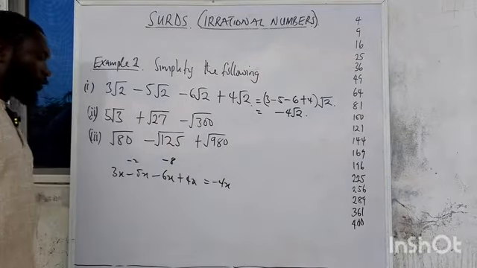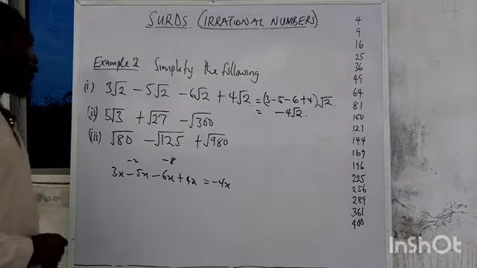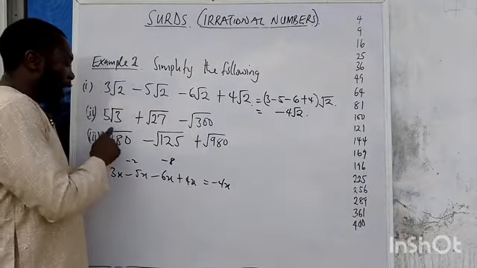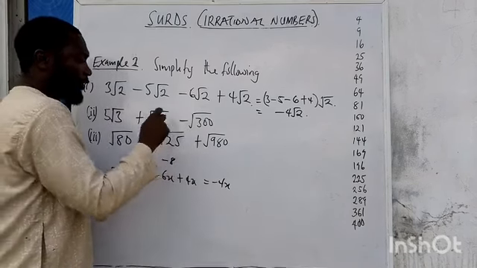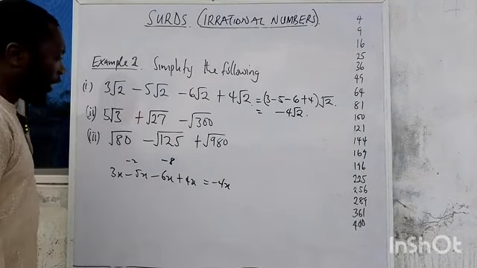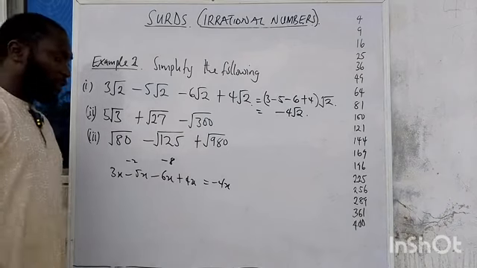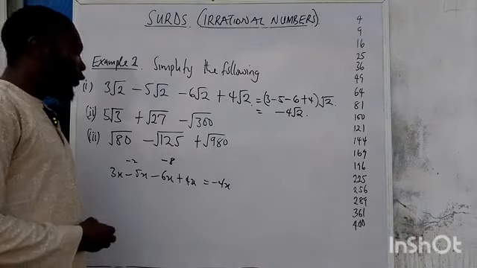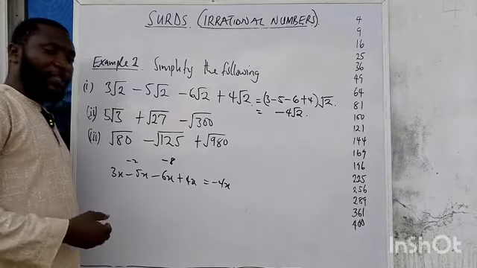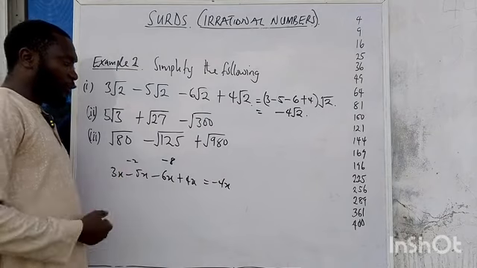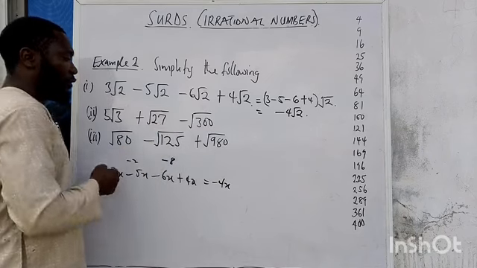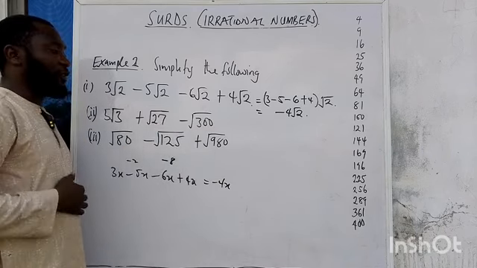Now let's consider the second example here. Unlike the first example, are we going to say these surds are similar? Looking at it from a distance, they are not. They do not look like it. But by the time you apply the knowledge you've gained from this course, which is the reduction of surd, once you reduce this, you will see that they are similar.